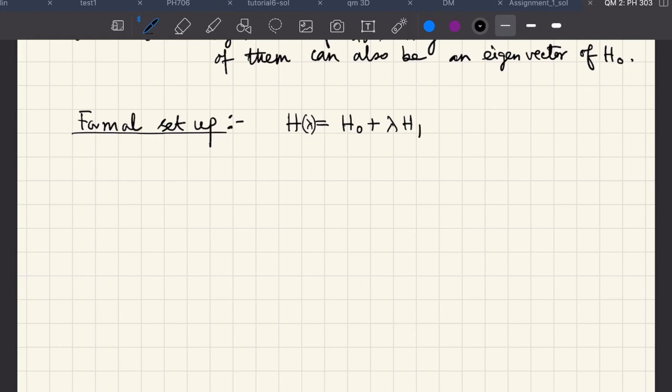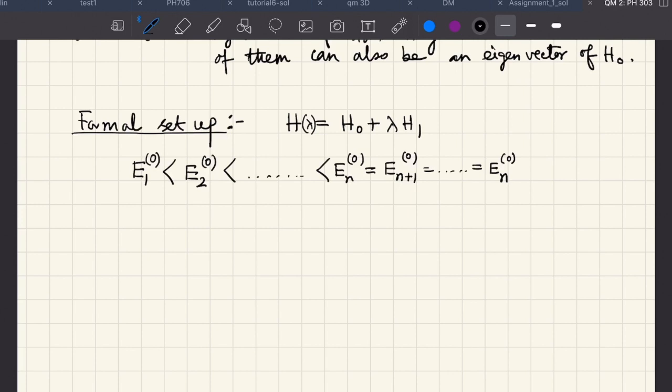We have E_1^0 less than E_2^0 less than E_3^0, and in this way it reaches E_n^0, but then suddenly there are a few states which have the same energies. Suppose there are capital N such states, then it should be n plus N minus 1, and then we have E_{n+N}, and so on.